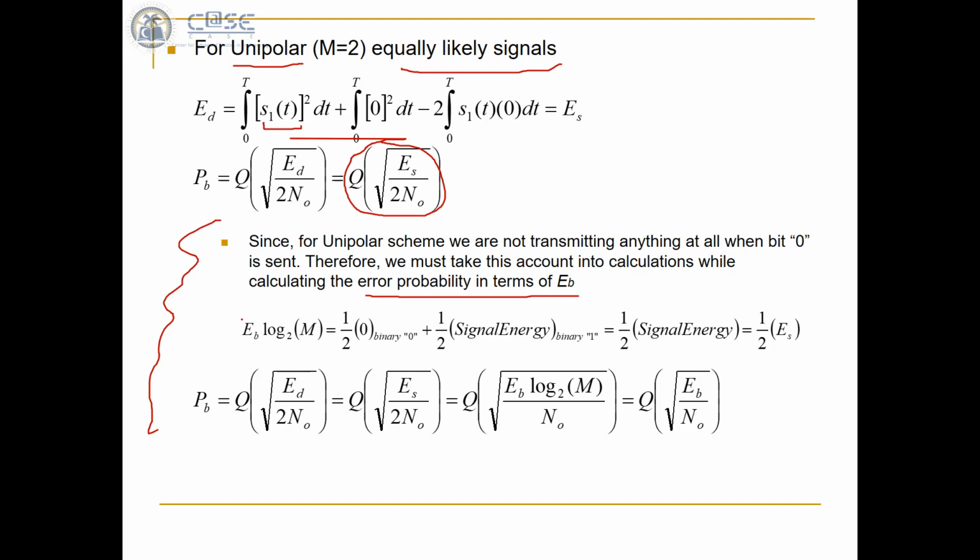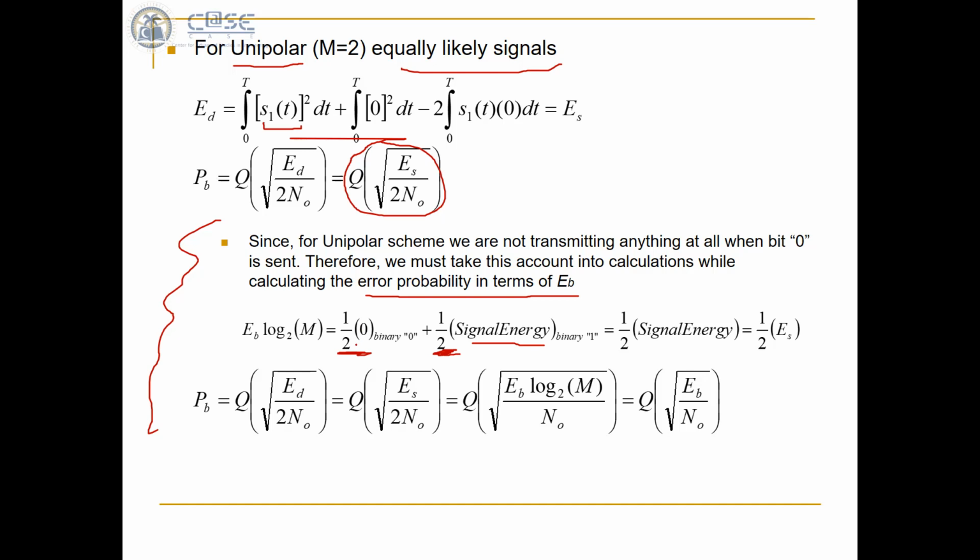Let's redo some calculations. EB log 2 of M is equivalent to 1 by 2 times 0 when you send binary 0, and 1 by 2 times signal energy, let's say S1 of t, when you send binary 1. What is this 1 by 2? Because we assume that the two signals are equally likely, so half of the times you are sending the signal S0, and another half of the times you are sending the other signal S1 of t.